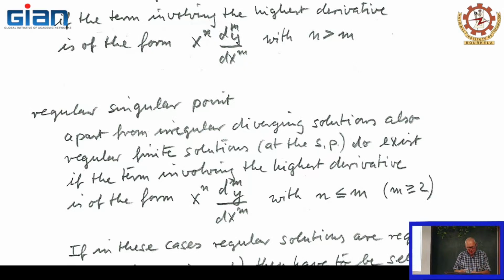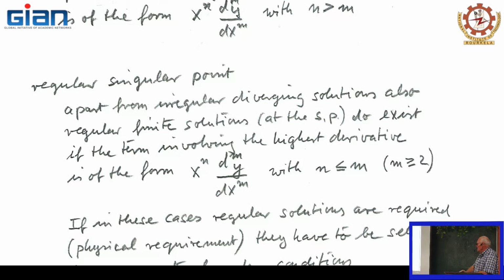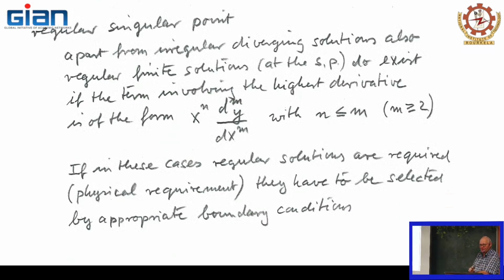We have to consider equations with an order m bigger than 2. Okay, if regular solutions are required for physical reasons, they have to be selected, and selected by which means? By means of boundary conditions or initial conditions. We can exclude irregular solutions or select the regular parts of the solution by requiring appropriate boundary conditions.